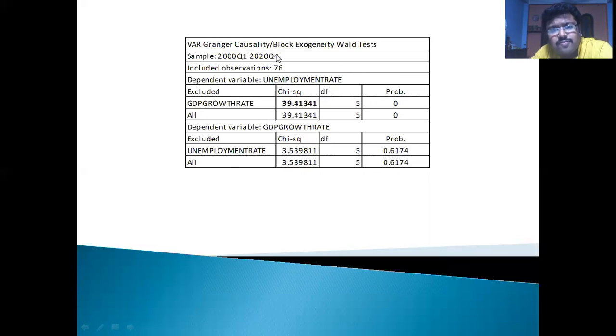On the basis of these, we can say that the GDP growth rate actually affects the unemployment rate. As we have seen in my previous slides, there is a pictorial presentation, and this is the statistically significant result. On this basis, we can say the economy of Japan supports Okun's law.